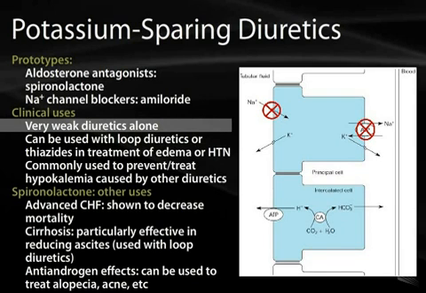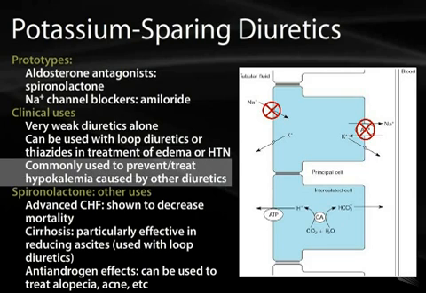By themselves, they tend to be weak diuretics because at normal levels, the collecting duct plays a much smaller role in the reabsorption of sodium. However, they are often used to treat the hypokalemia that results from the administration of diuretics that act in more proximal segments of the nephron.